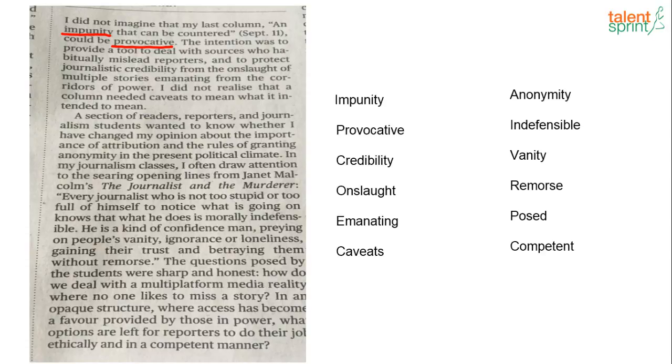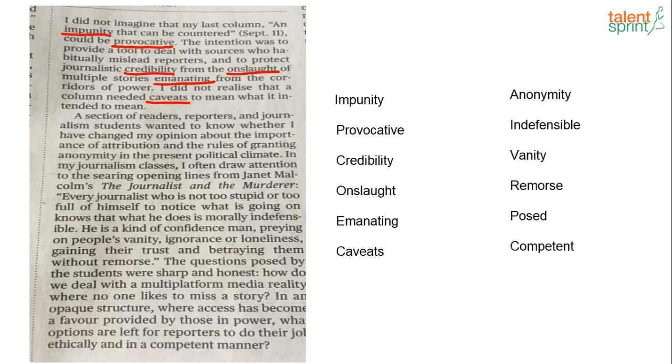The intention was to provide a tool to deal with sources who had habitually misled reporters and to protect journalistic credibility from the onslaught of multiple stories emanating from the corridors of power. I did not realize that a column needs caveats to mean what it intends to mean.